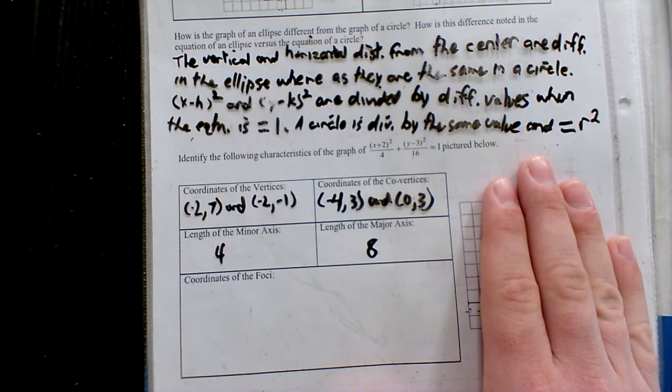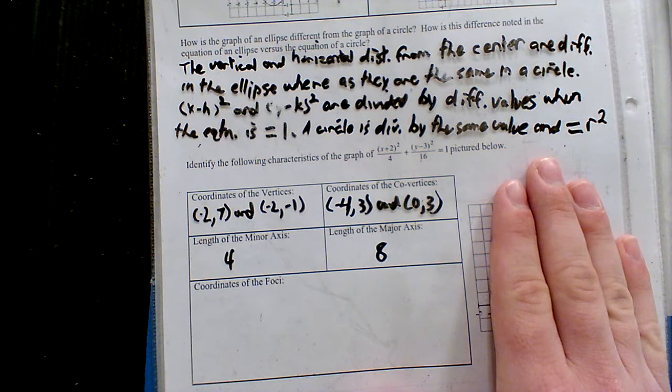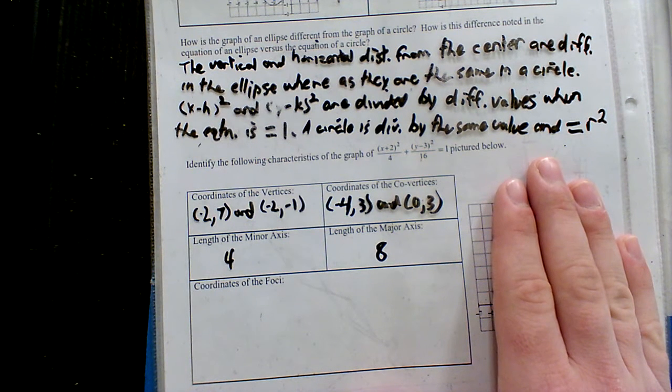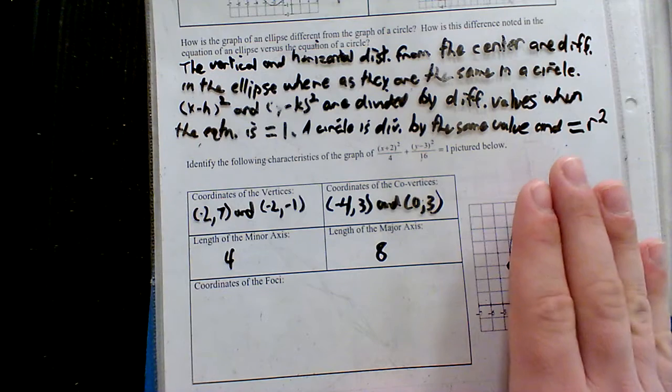If you have the equation of a circle, how did you find the radius? If you had the equation of a circle, it was equal to r squared. How did you find the radius? You took the square root.